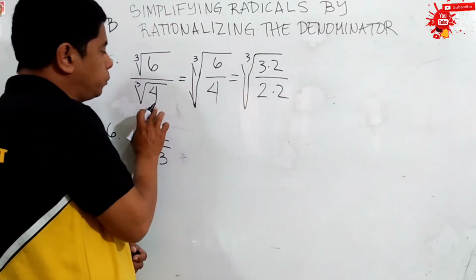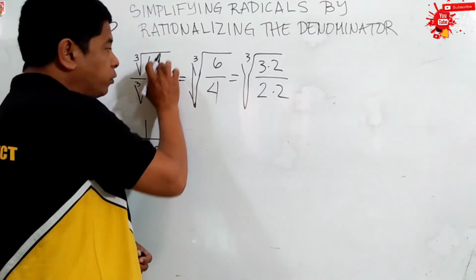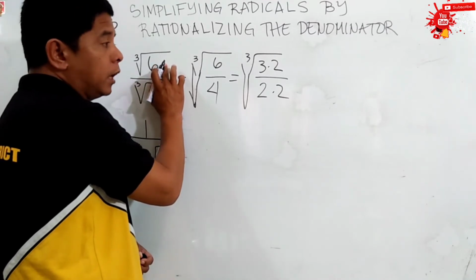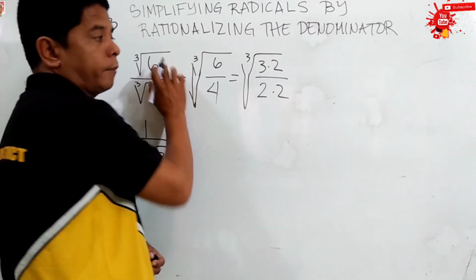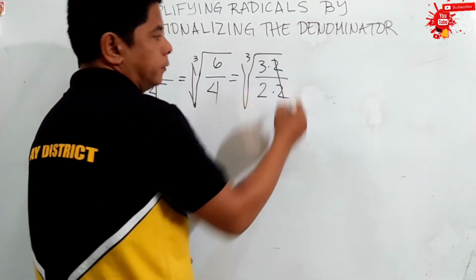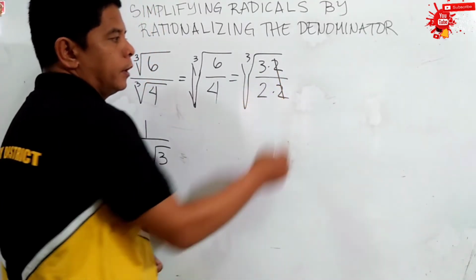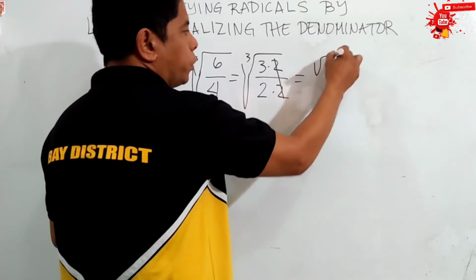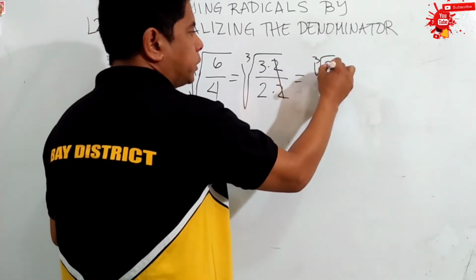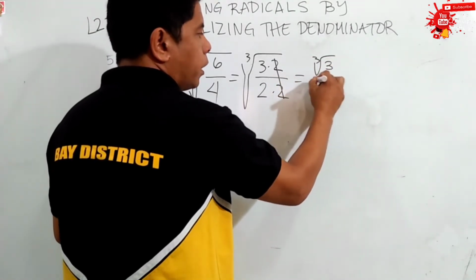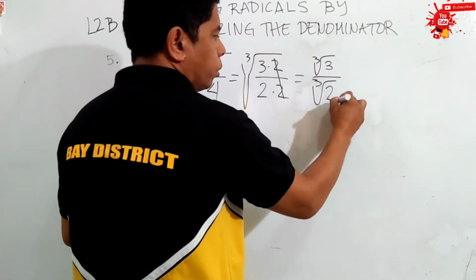Hindi ko na muna siya minultiply by 2, kasi after that, kapag minultiply natin, magsisimplify ka pa ulit. Okay, so cancel, kinancel natin kasi 2 divided by 2 is 1. Then, pag-iwalay natin, so we have cube root of 3 over cube root of 2.